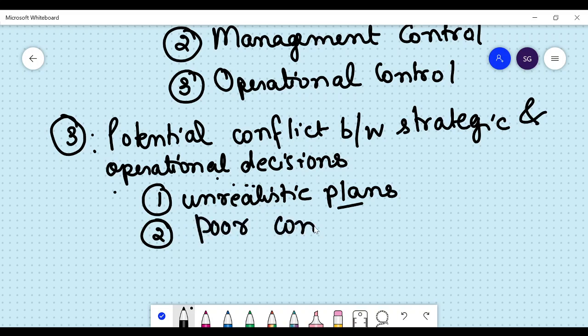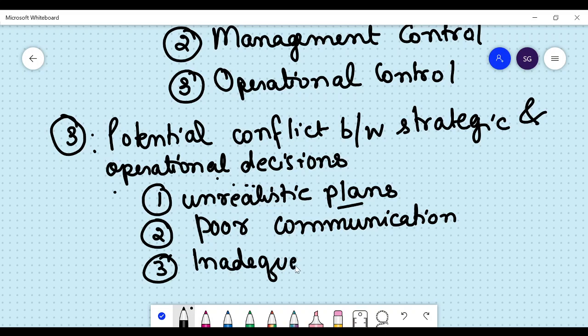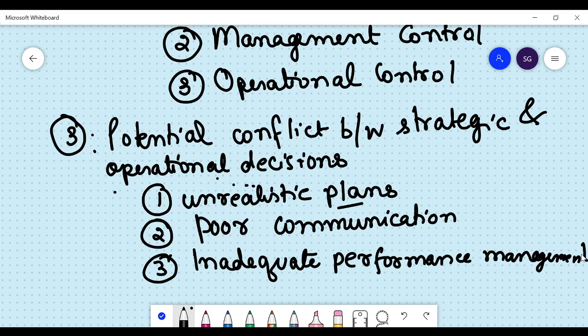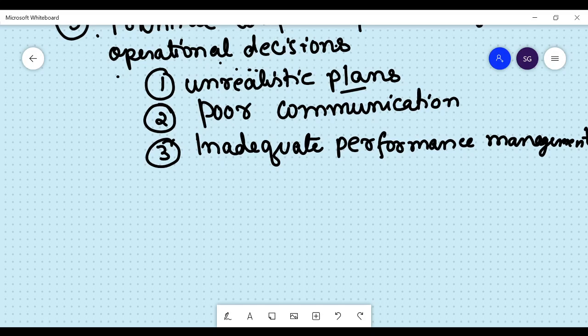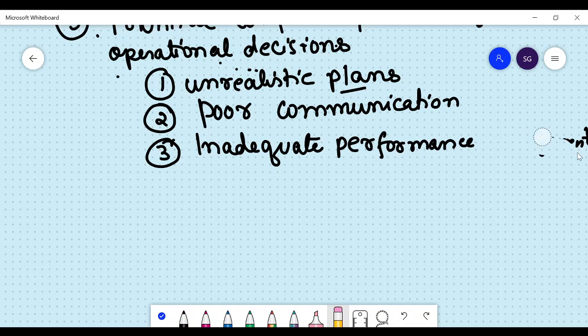Second is poor communication. If there is a lack of communication between the strategic and operational level, there will be a conflict between the two. And third is inadequate performance management, which means that the word is measurement.